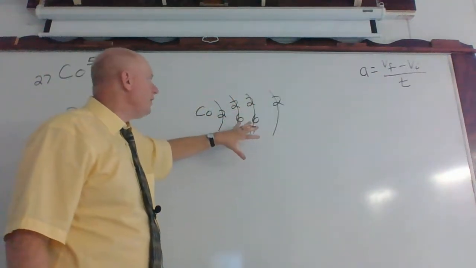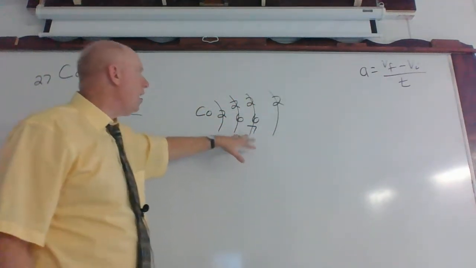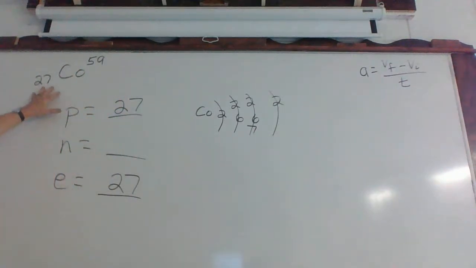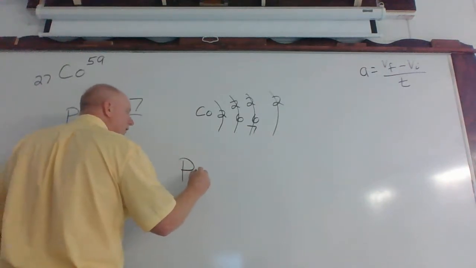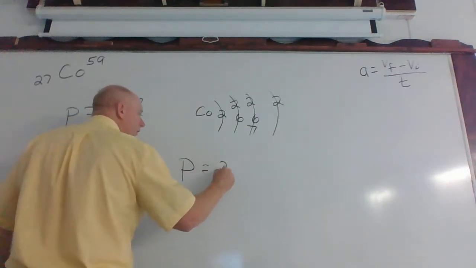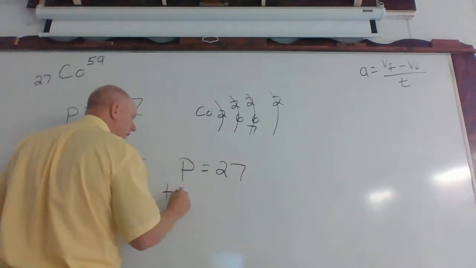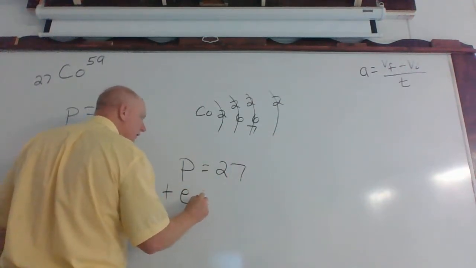So since these are negatively charged, they offset the number of protons. In other words, we're adding the number of protons to the number of electrons.